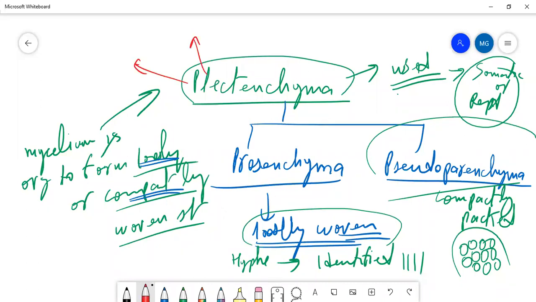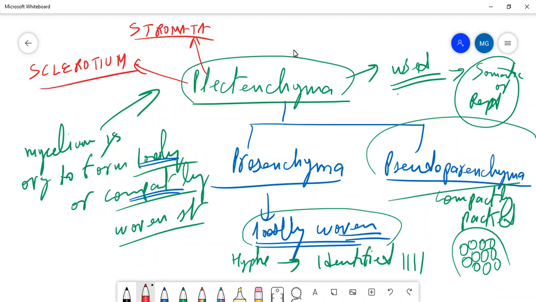One of the structures is called stroma, or sometimes we call it stromata. The second, which is more important, is called sclerotium.